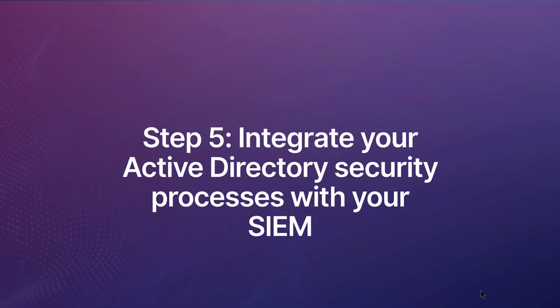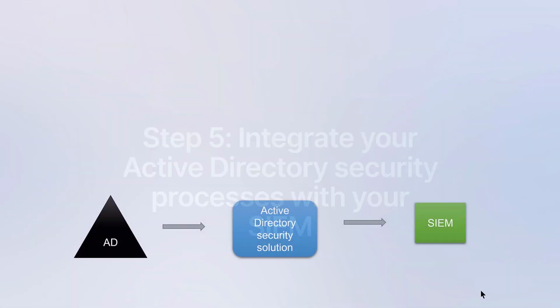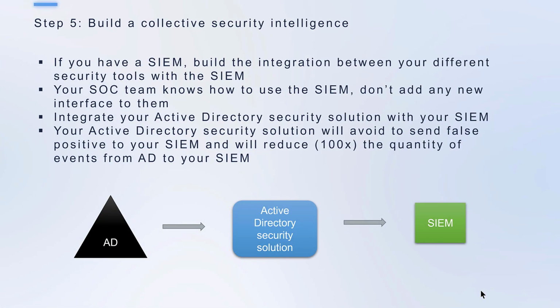Step 5. For sure, you need to integrate your AD security processes inside your SIEM. Just to remember, your SOC team is using a SIEM. They know the tool by heart. They know exactly how to use it. So if you include new security layers inside your organization, it's really important to integrate these new security layers to be able to send alerts, information, warnings to the SIEM, because the SIEM is a SOC tool.